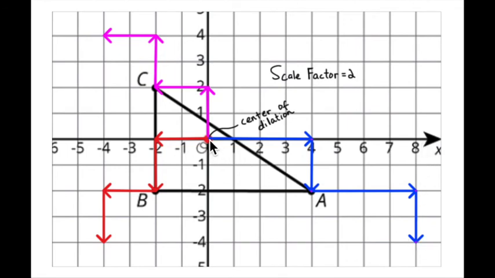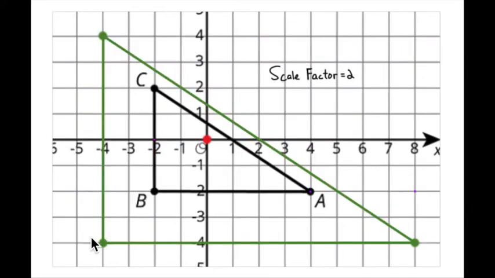And 2 times 2 is 4, and 2 times negative 2 is negative 4. So there are several different ways to find these points, A prime, B prime, and C prime. So this is A prime, this is B prime, and this is C prime.